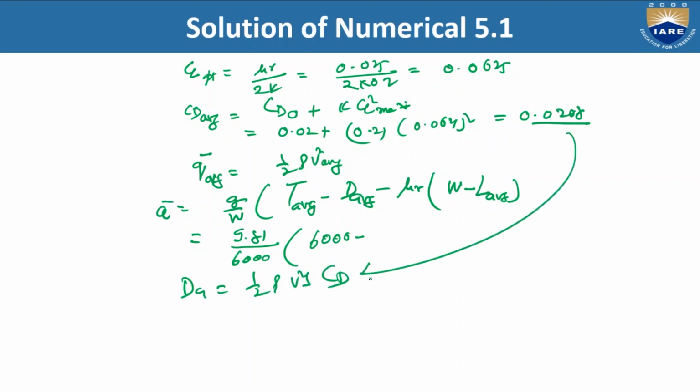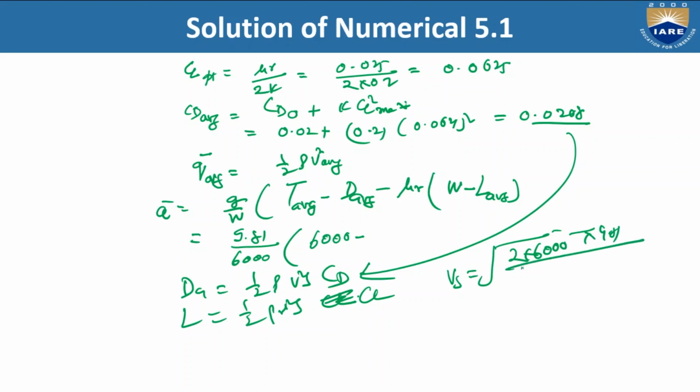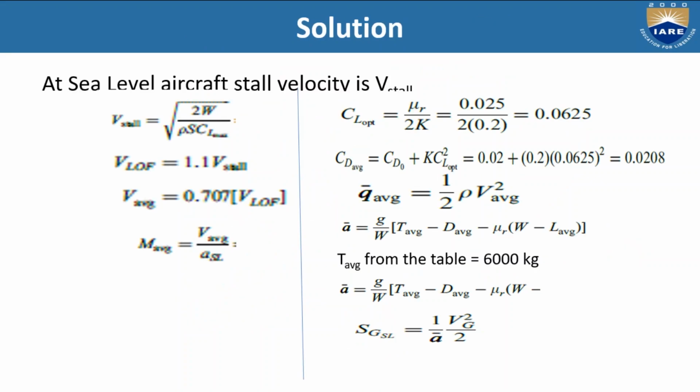L is equal to half rho V square S CL. This you will get the lift. And so in this way you can find the velocity. Vs is equal to the square root of 2 into 6000 into 9.81 divided by 1.225, 15.8, 0.625. So you will get this value, and put all the values, and you will get all the solutions.